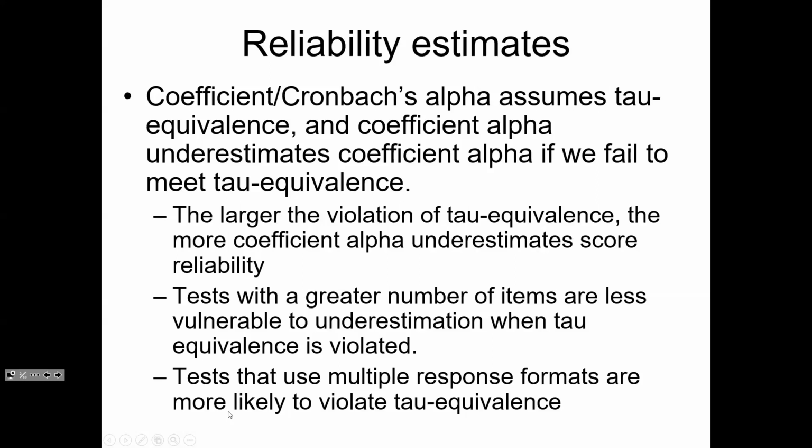Which is not actually the case, because I would say correlated errors are at least as big a problem as this issue of tau equivalence, and they can push your alpha estimates up.